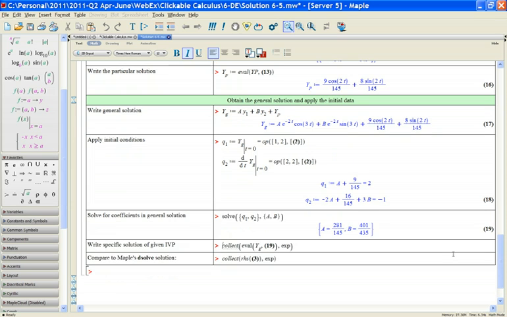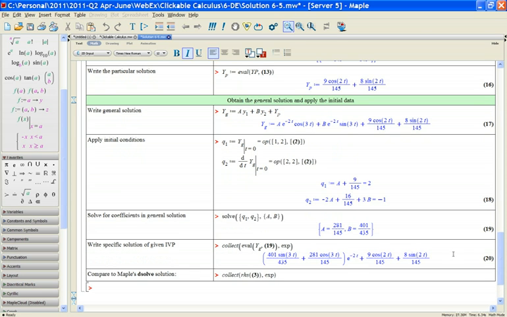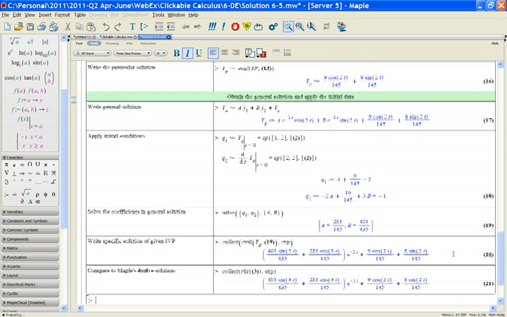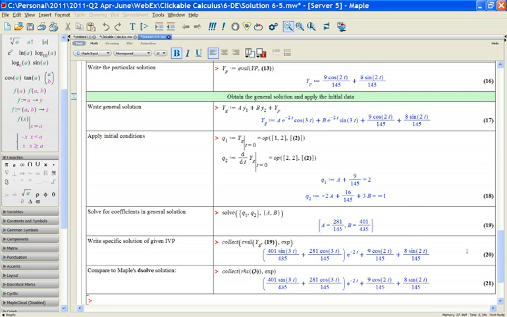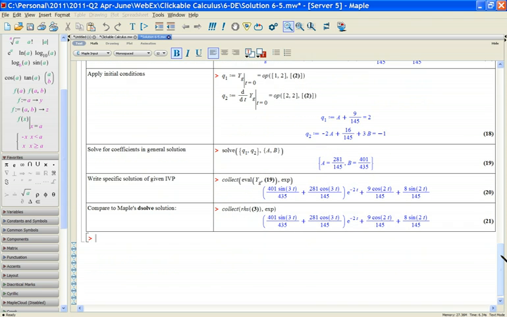We solve these two equations for A and B and insert those values into our general solution, and then compare to the solution that Maple gave.